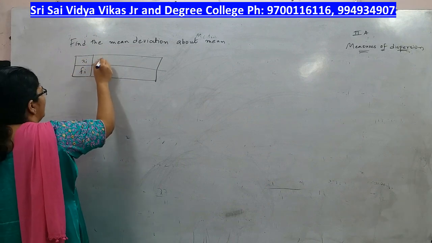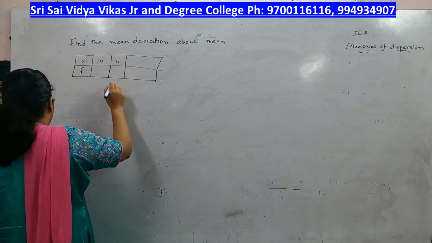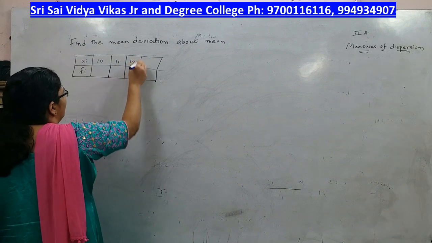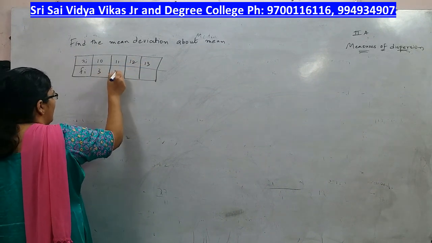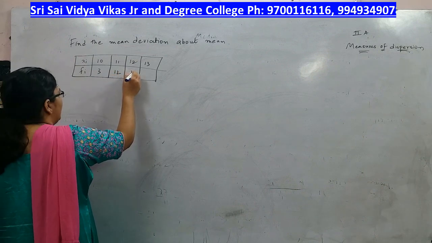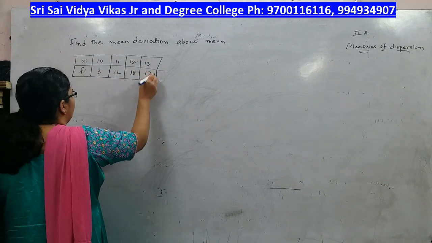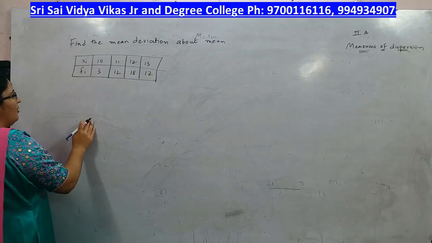Xi values are 10, 11, 12, 13. Fi values are 3, 12, 18, 12. So you know the formula.